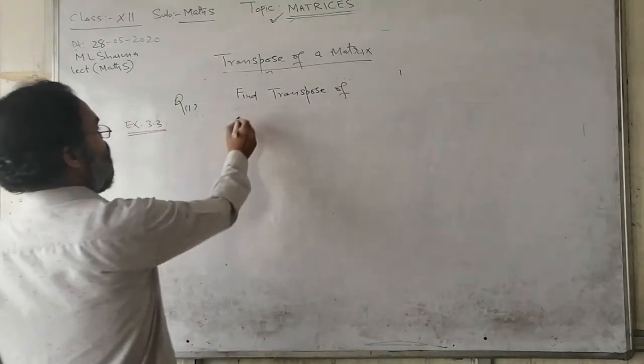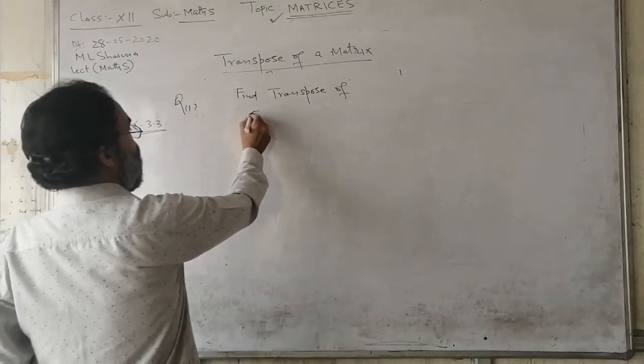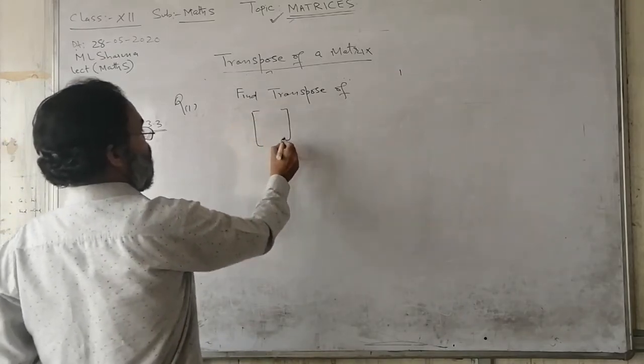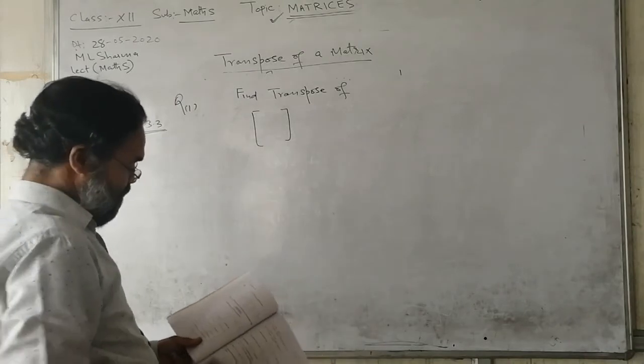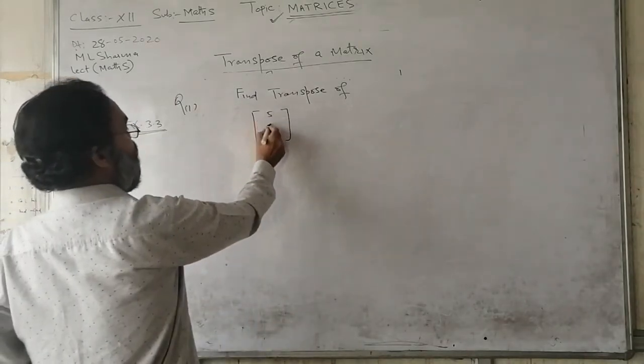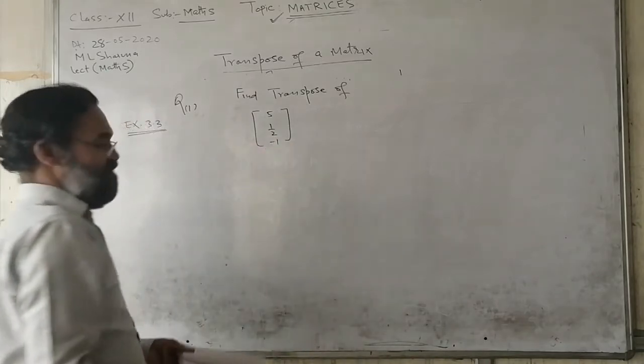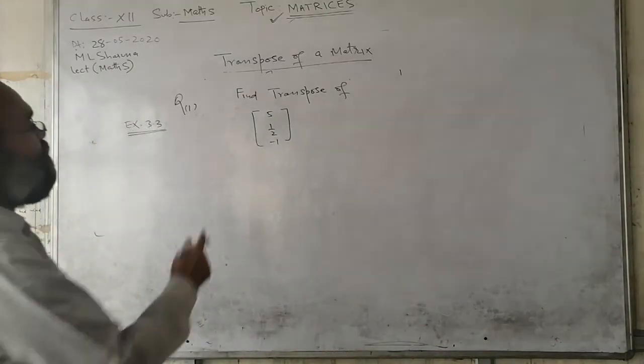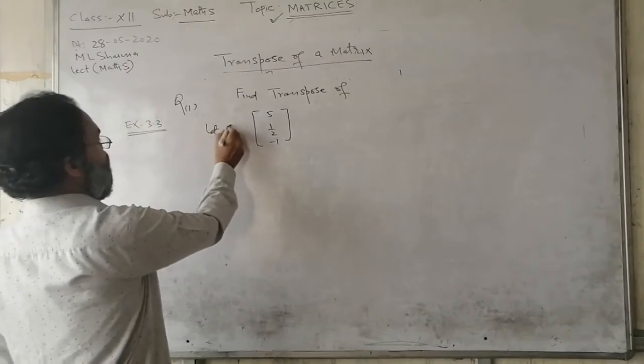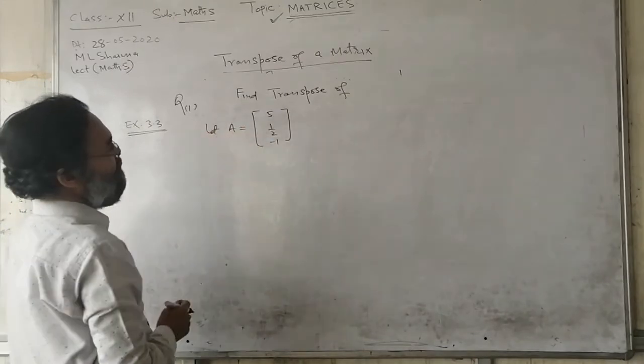They are given. The first matrix is given. Its elements are 5, 1 upon 2 and minus 1. Simply we have to find its transpose, whether this is A or B.